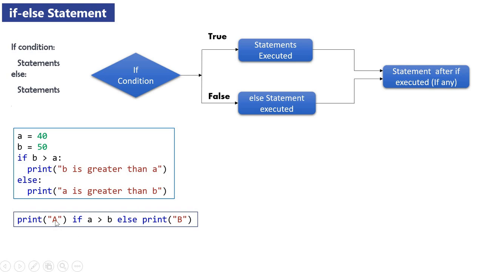So print a if a is greater than b, else print b. Here you can see there is no colon in the if and else part, and you are using the print statement first and then the condition, and again the else part is here and then print. So the order should be accordingly. Make sure the order is the same.